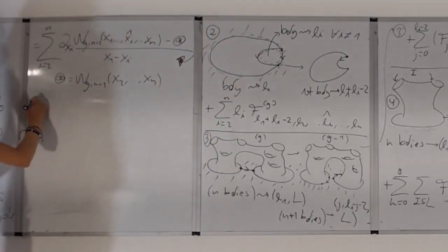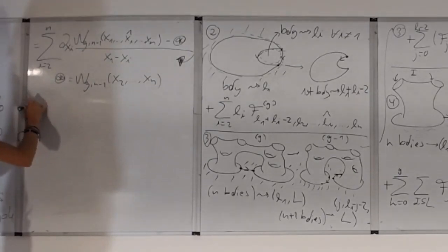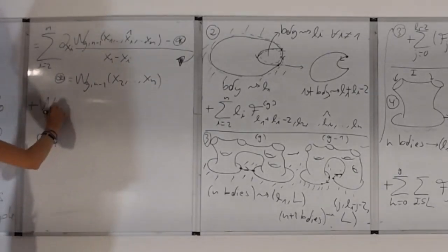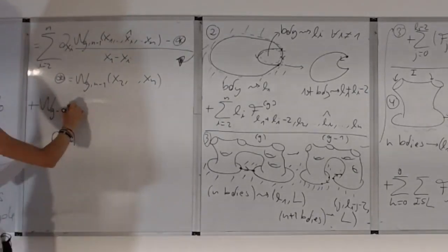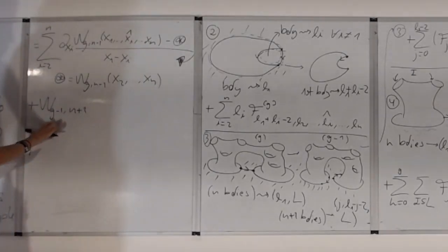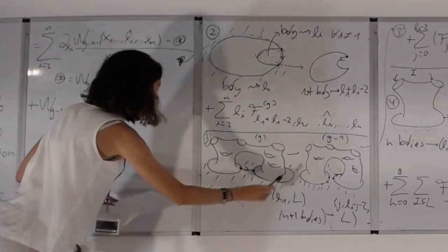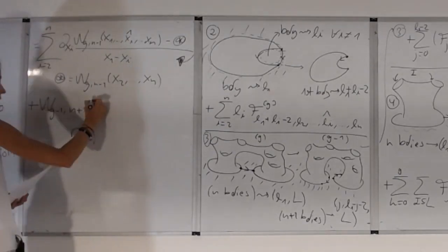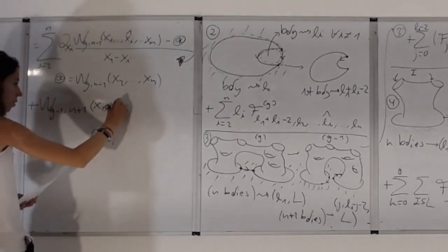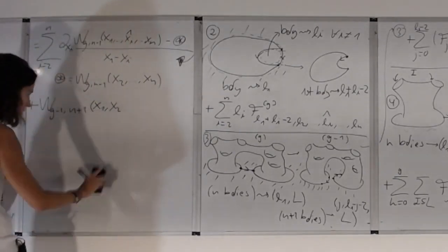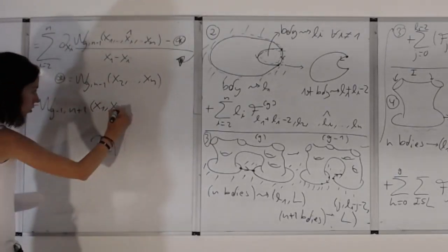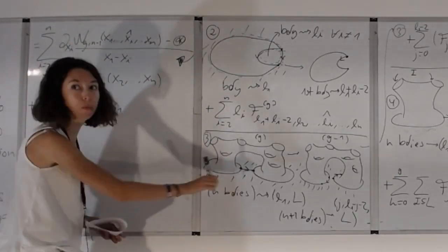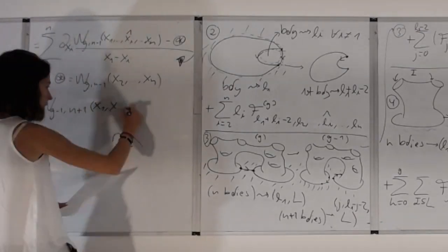And then I put the other two terms, and these ones are very easy to get, so you can think of them while I write. We just need to put the right topology, g minus 1, n plus 1. And then the same variable, because this came from the same boundary. That's why. And then the rest.